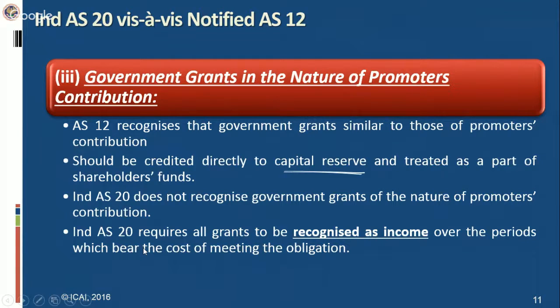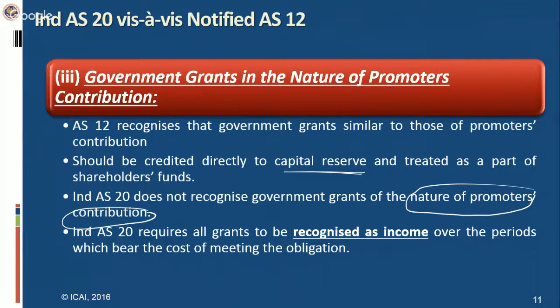However, again, the same concept applies. Ind AS 20 states that no grant is in the nature of promoters' contribution. So it implies that they cannot be transferred to shareholders' fund. They cannot be treated as capital reserve.